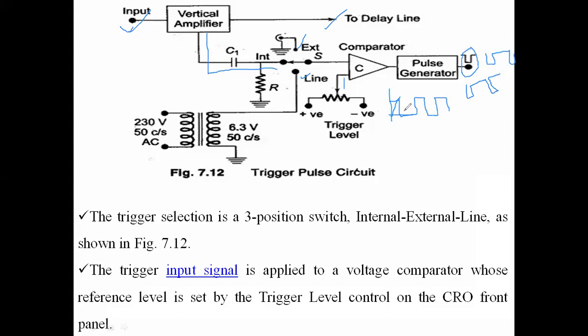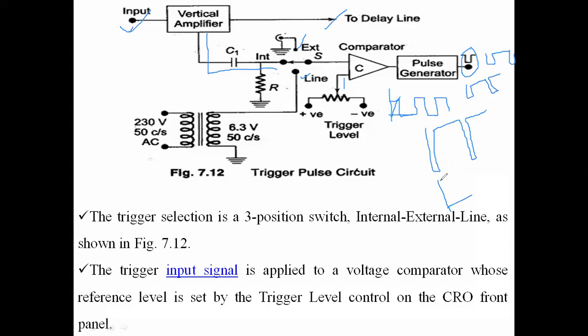I think you are getting my intention. Before the sweep generator, we have a trigger circuit, and that trigger circuit will generate the trigger pulses. These trigger pulses make the sweep generator produce the sweep voltage.